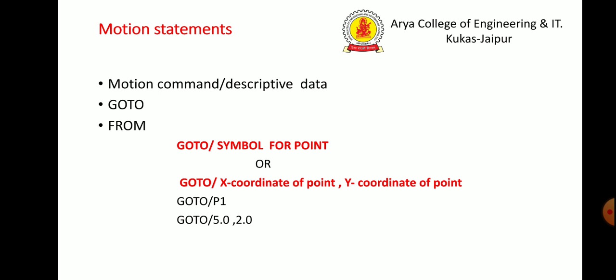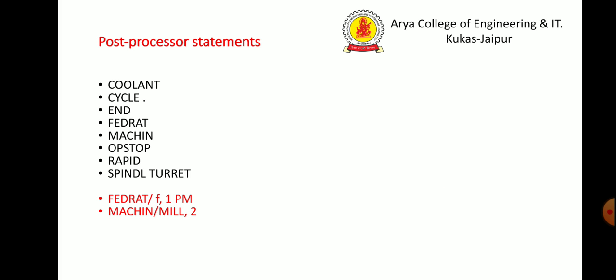Post processor statements define the special features of the machine, meaning coolant on/off, cycle and feed rate, type of machine, meaning lathe, milling, drilling, rapid, spindle, turret.